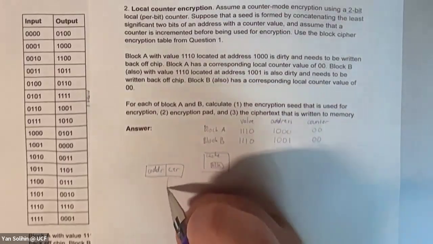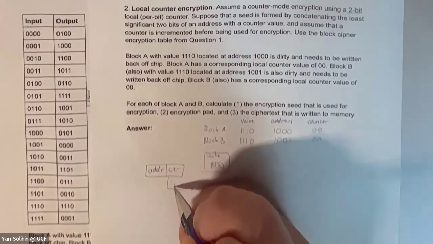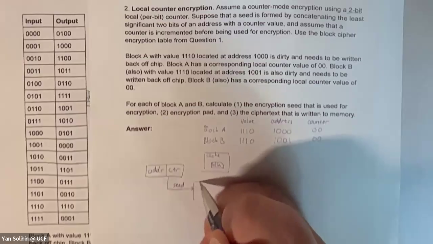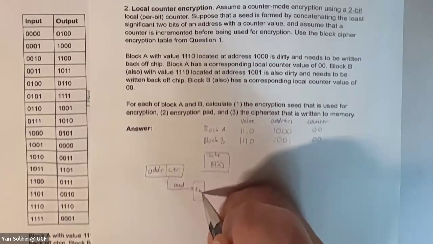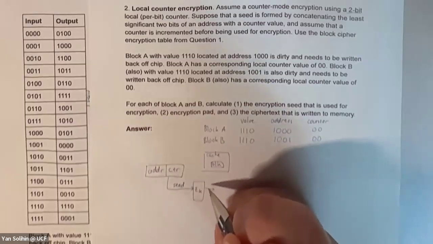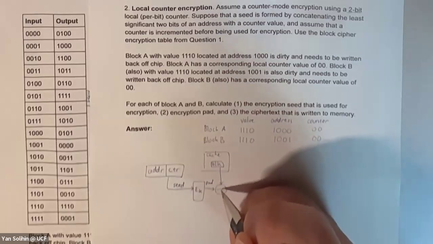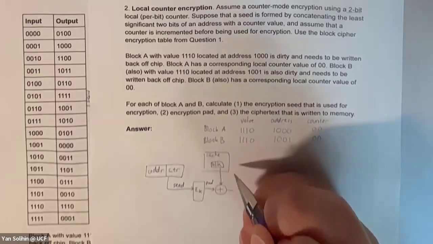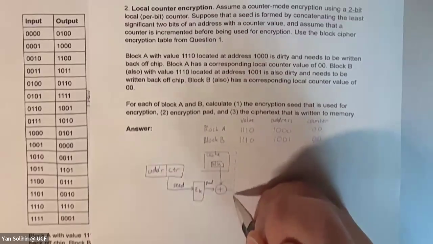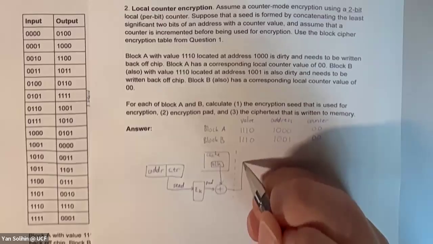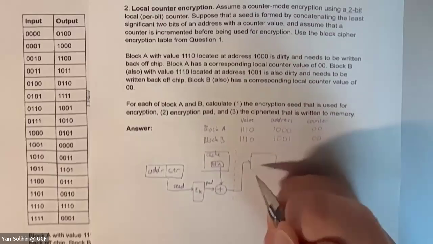We pass it through the block cipher encryption and get the pad, and then these two will be XORed. This is a trust boundary right here. And then this will be placed in memory.